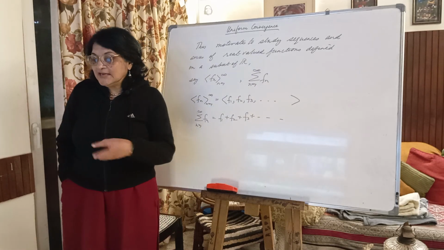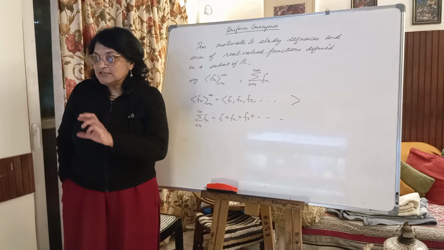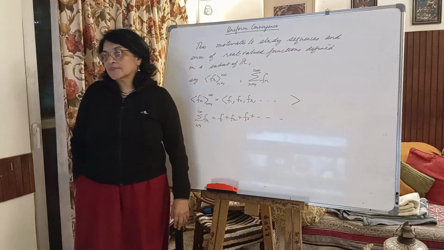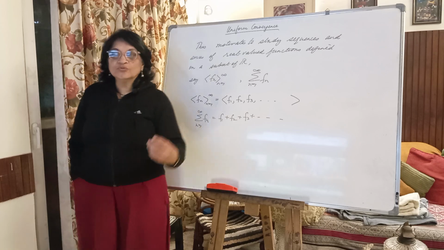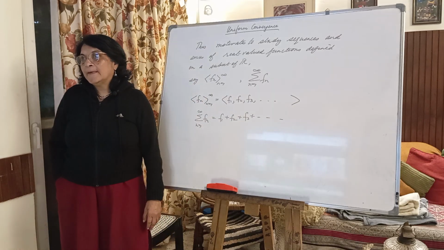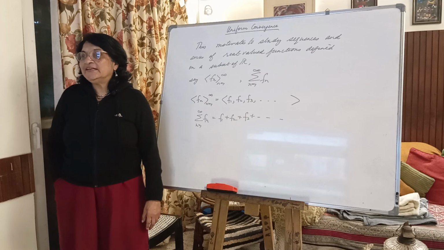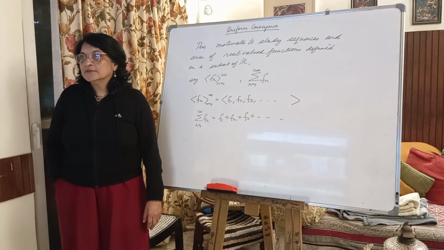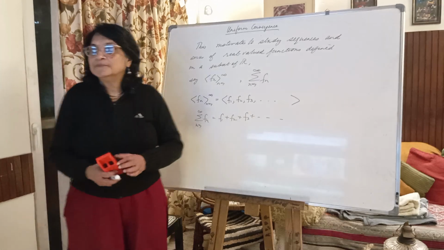Right. All I'm saying is that each object, that is the element of the sequence, is a function. That's all. Function 1, function 2, function 3, function 4. Functions are mathematical entities. So, there is a domain.